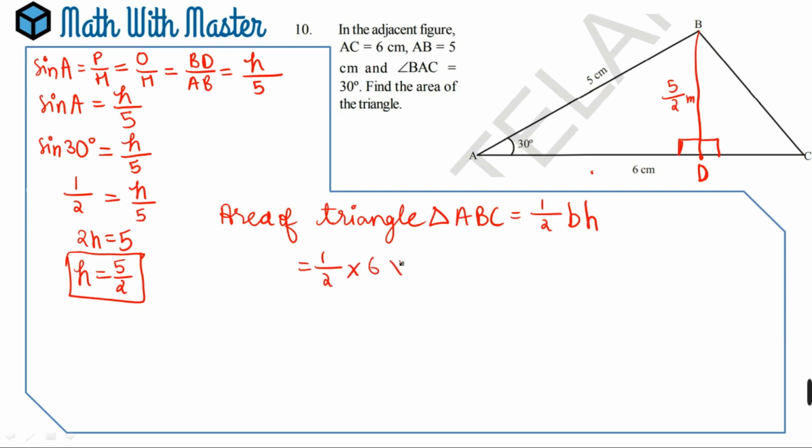It is 6, into, what is the height? Now we have found it is 5 by 2. This and this will get cancelled. This will be 3, this will be 1. And the answer will come 15 upon 2, which is equal to 7.5 centimeter square, because this is an area unit and these units are given in centimeters.